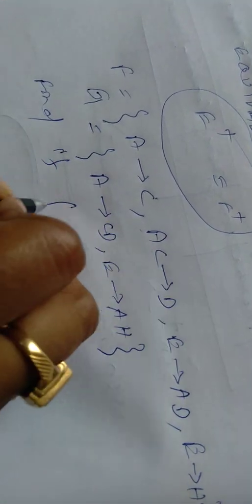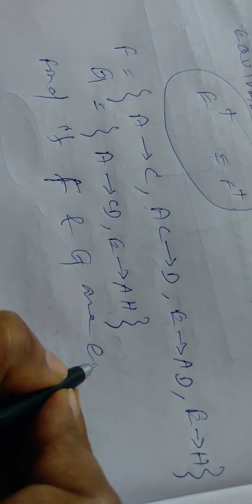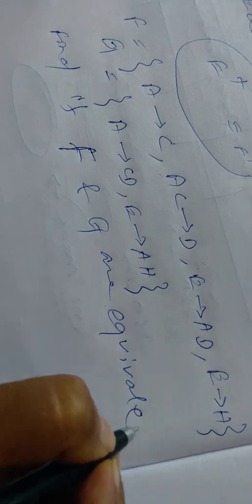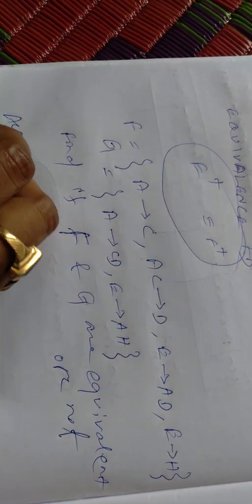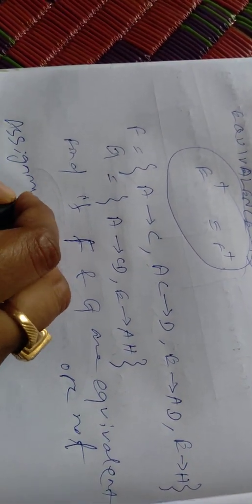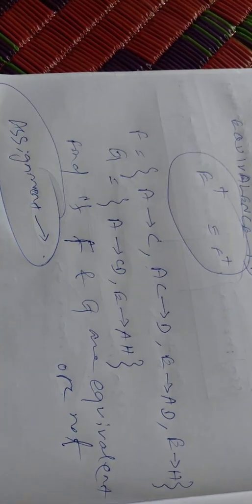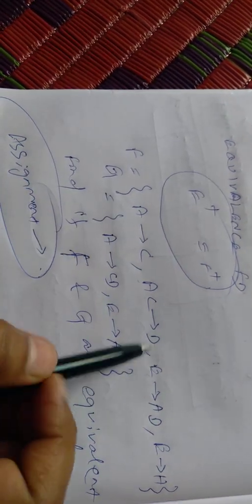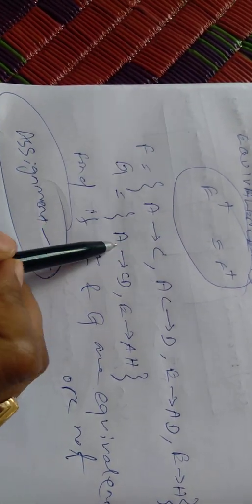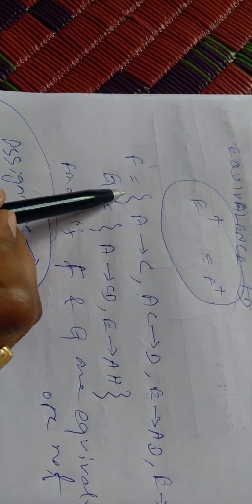Find if f and g are equivalent or not. Two sets are given, f and g. Find whether these two are equivalent or not. How will you find? Find f plus, find g plus.